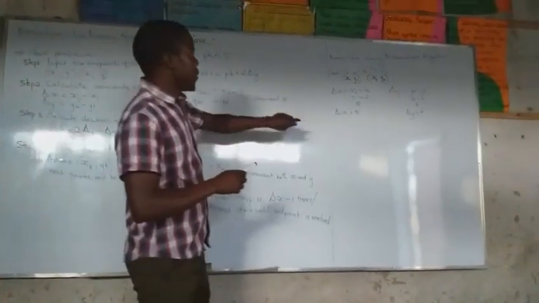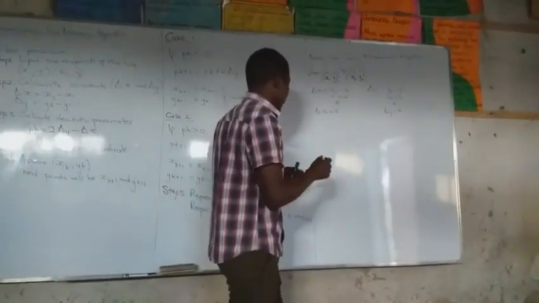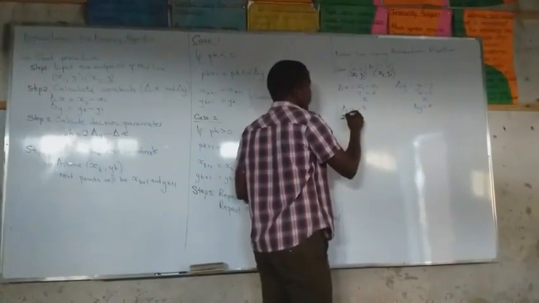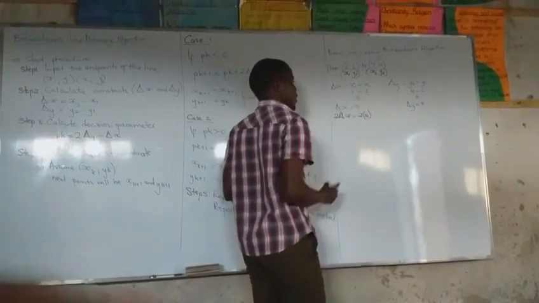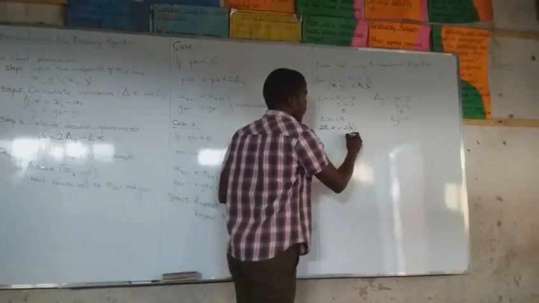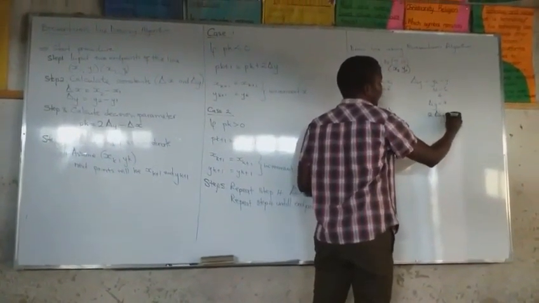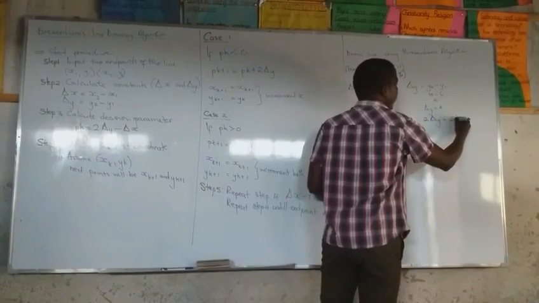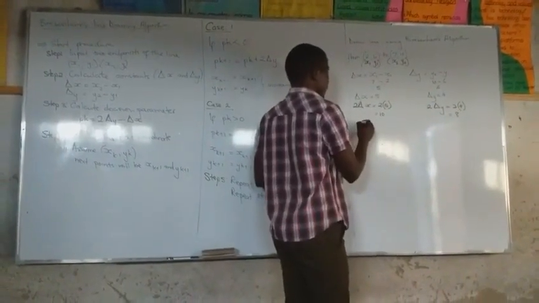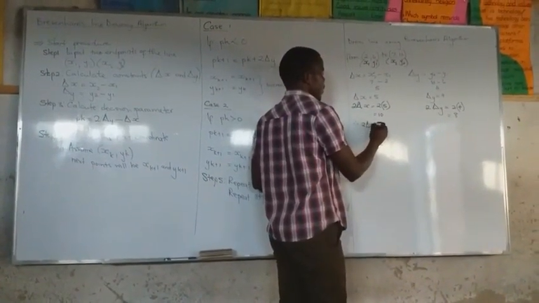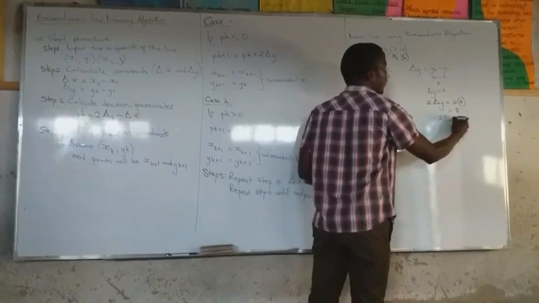Right. Let's have 2 delta x and 2 delta y. 2 delta x is equal to 2 multiplied by 5, our delta x, which is 10. 2 delta y is equal to 2 multiplied by 4, which is 8.